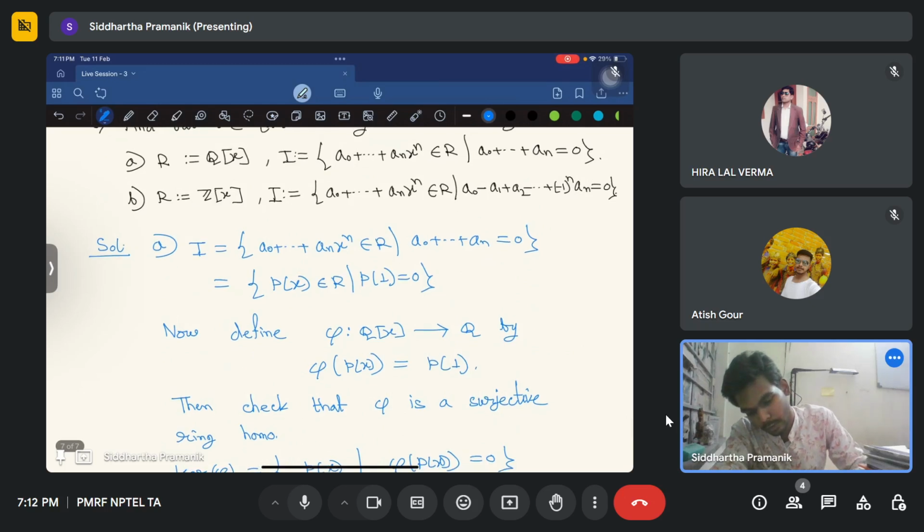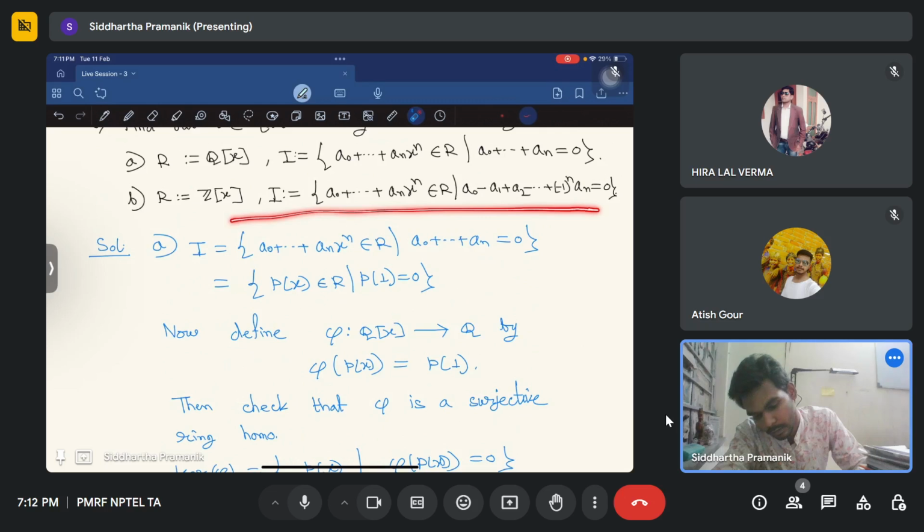Okay, so I hope this is fine. Now, what about B? Now, can you identify this ideal with something known? So, this part is exercise 4.